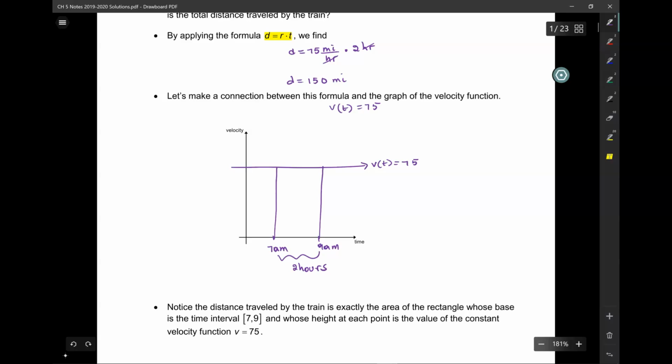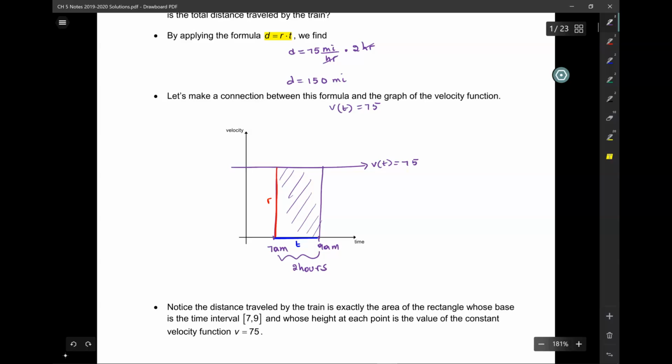So now, if this is the length of time, and if this is the rate, which I have to multiply, geometrically speaking, if I multiply the red times the blue, what quantity have I found? The area here, right? So when I multiply rate times time, I have found the area underneath this curve.